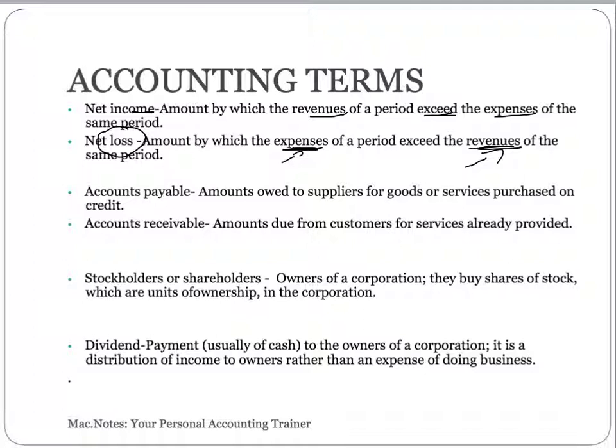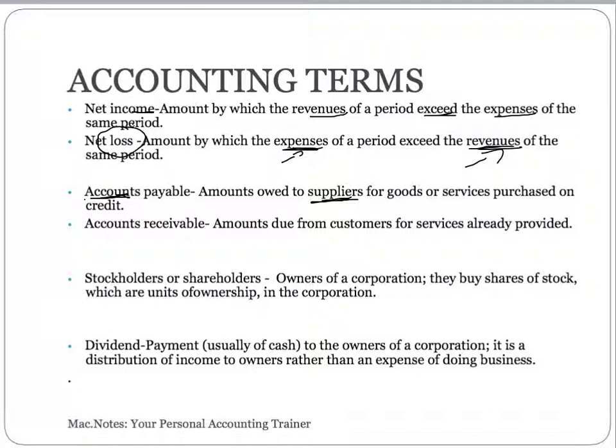Some terms. Now, if the business owes suppliers for goods or services, that is, it purchased some goods from a supplier that it's going to use in their business, and they're going to pay them later, well, they have an account with that supplier.